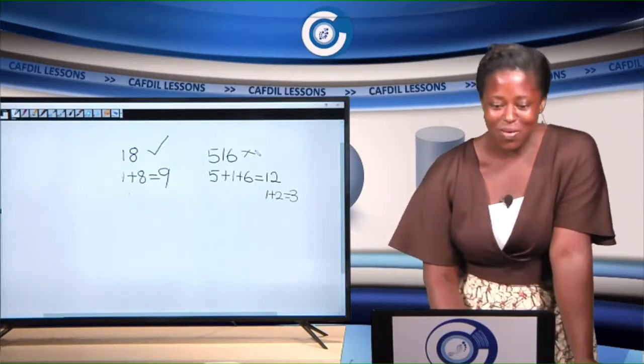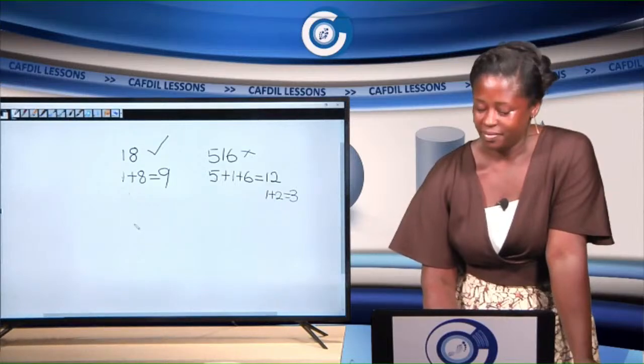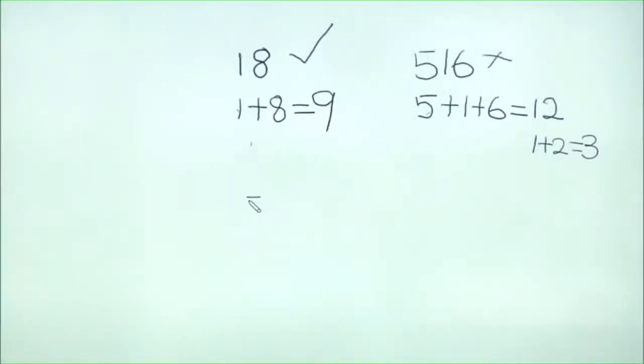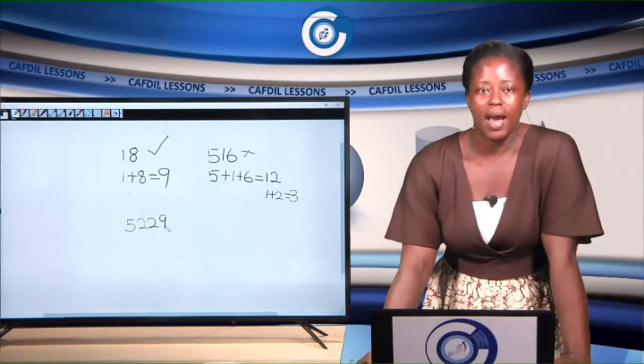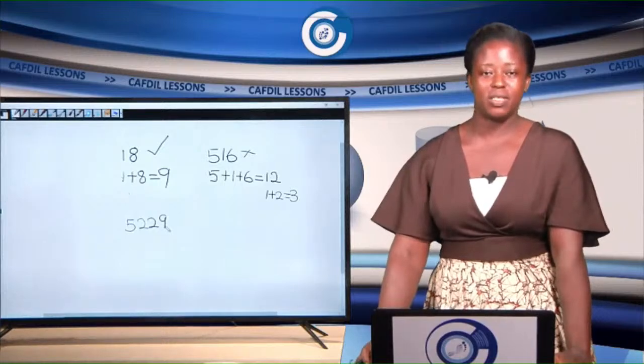Okay, another one. We have 5,229. We are moving forward. Learners, let's check if this number is divisible by 9. The rule says if the sum of the digits is divisible by 9, then that number is a multiple of 9.